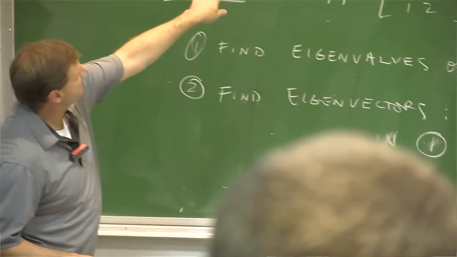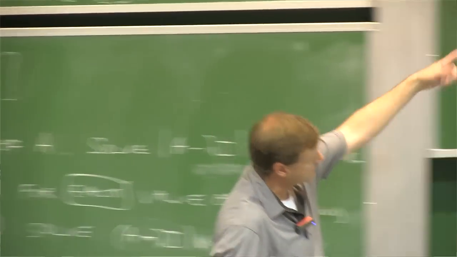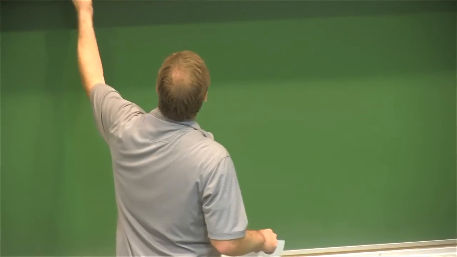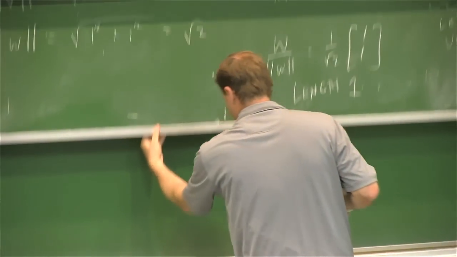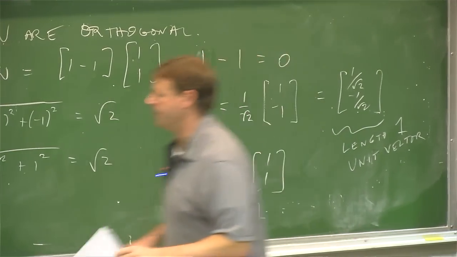So we put those length 1 vectors into this new matrix, and that matrix is what causes what's called diagonalization. And we're almost there.